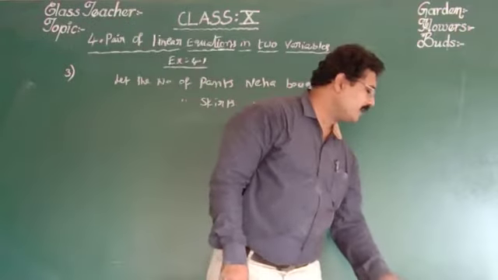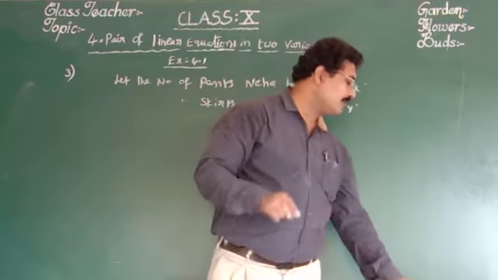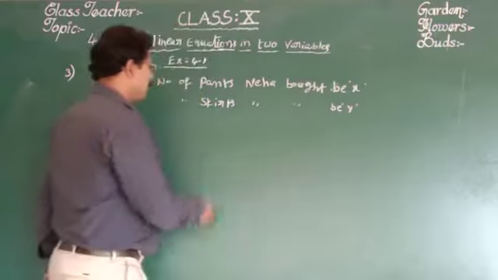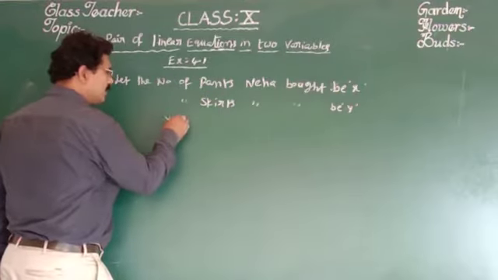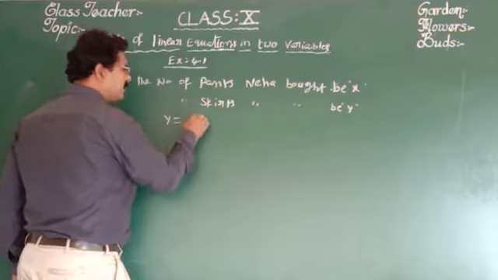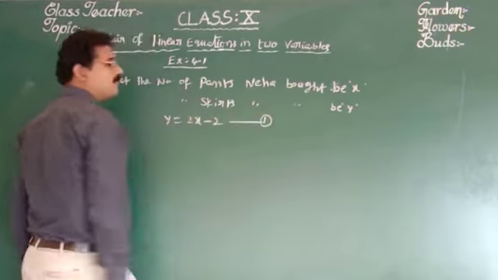Now see the problem. When her friend asked her how many of each she had bought, she answered the number of skirts is 2 less than twice the number of pants. The number of skirts means y is equal to 2 less than twice the number of pants. Twice the number of pants means 2x, minus 2. So call it equation number 1.